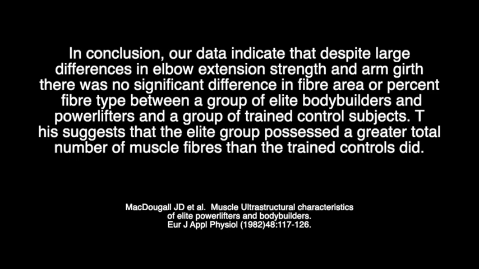A couple of the early studies, and this was real common back in the 80s, looked at elite bodybuilders and powerlifters, or both, and compared them to either untrained or trained normals. Researchers probably figured, well, these are the biggest dudes, let's see if we can find a comparison. So in 1982, McDougall compared the triceps of 5 elite bodybuilders and 2 elite powerlifters to a number of trained normals, I think trained for about 6 months.